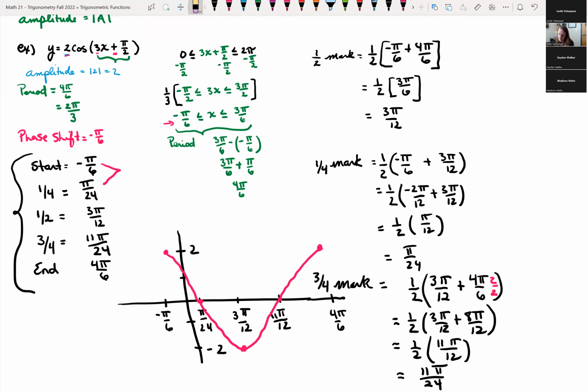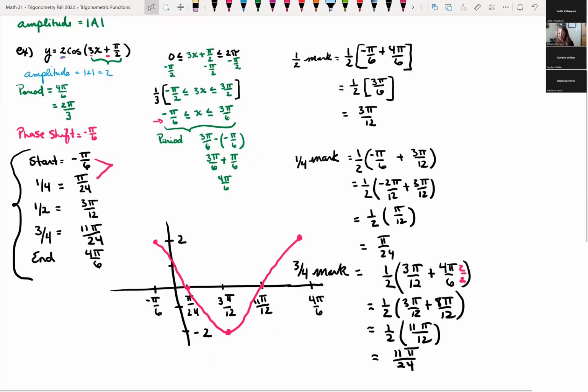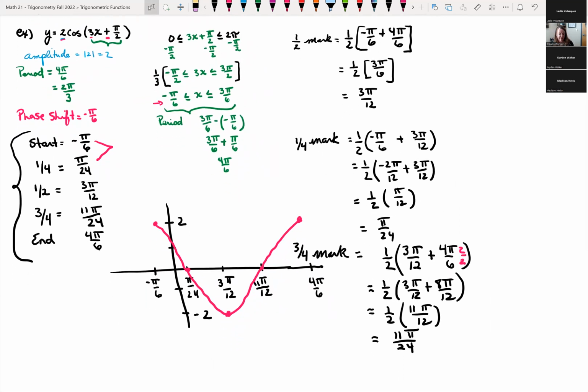You would do it the same way we were just doing to find those important marks. So that is half of section 7.8 in our textbook, which talks about phase shifts and sinusoidal curves. We'll finish this lecture and start jumping into chapter 8 on Thursday.